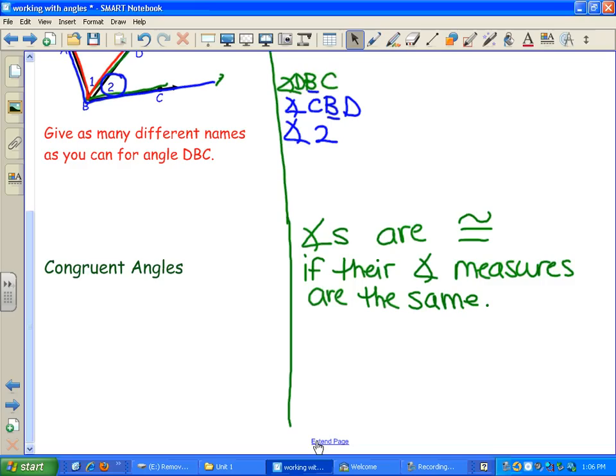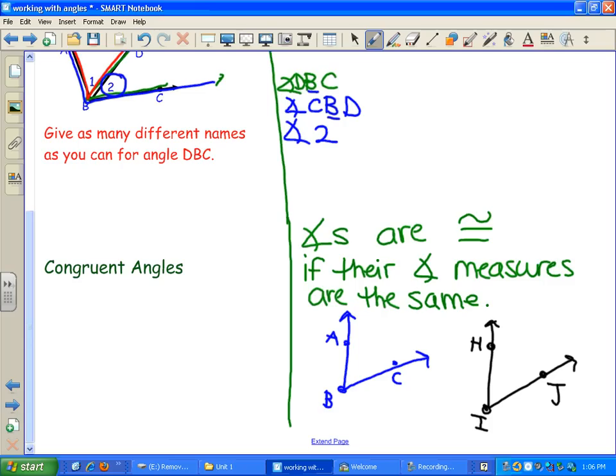So here's what I mean by that. Let's say I had this angle over here, and this is angle ABC. And then I have angle HIJ. To show that angles are congruent, we go ahead and mark off their angle.